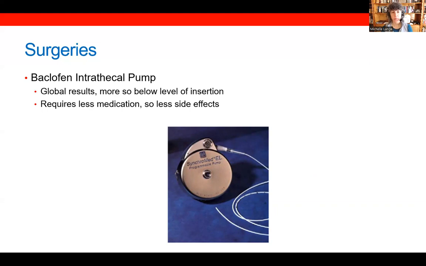The great thing about the baclofen pump is that person will require a fraction of the dose that would be required of oral baclofen, and so there's less side effects. Oral baclofen can lead to loss of trunk and head control, increased secretions, fatigue, and it also lowers the seizure threshold, and that can be a real problem for some of our clients.